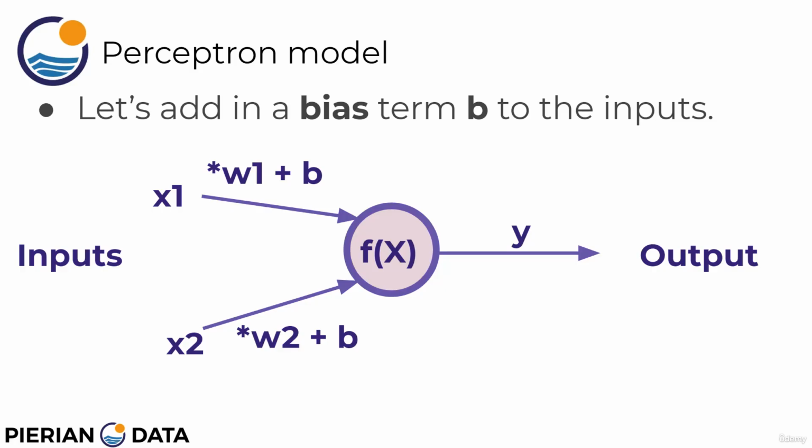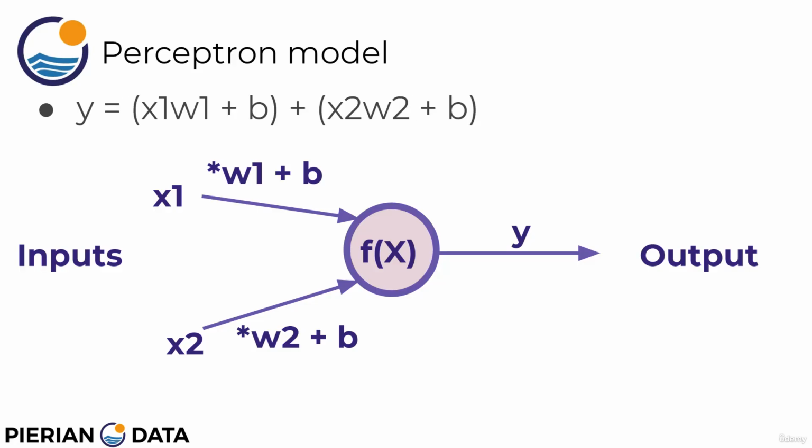And keep in mind, the weights can be positive or negative, and the biases can also be positive or negative. A good way to think about the bias is that the product of x1 times w1, or the input times its weight, has to overcome the bias value in order to start having an effect on the output of y.